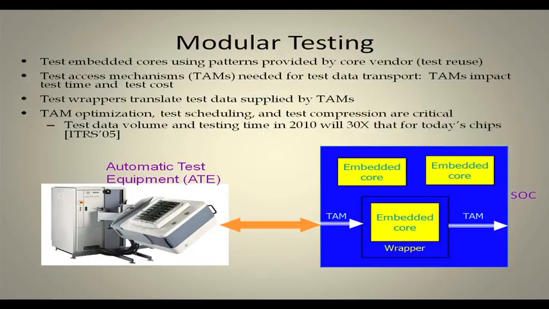That TAM is not feeding a single core, it is feeding a number of cores, so it needs to be routed through the chip. As a result, this becomes a very important constraint. The test cost will increase because I have to provide more silicon, more footprint on the silicon, for holding the TAM.